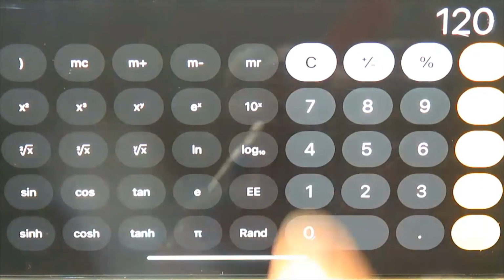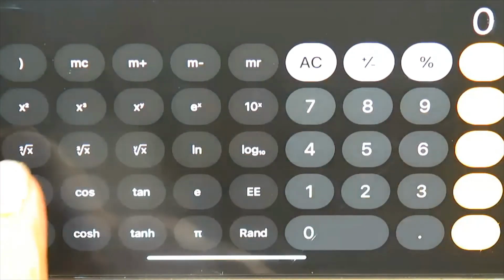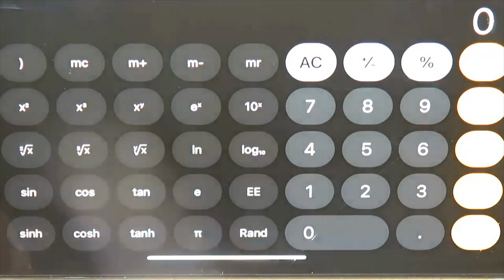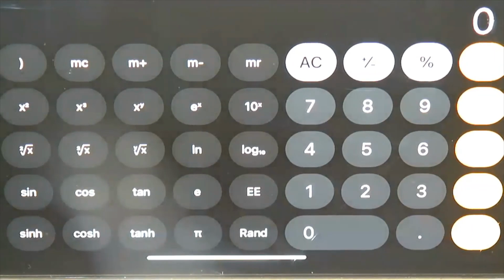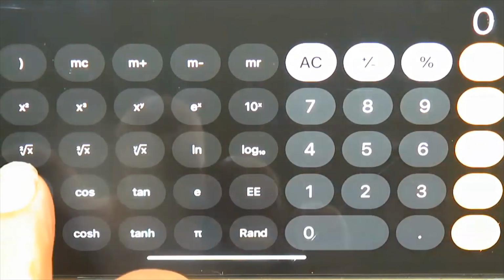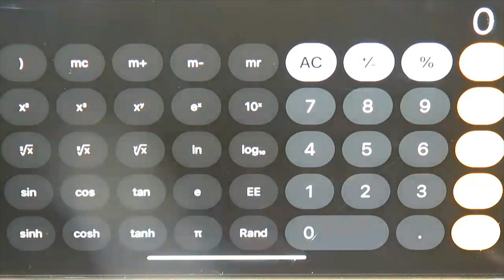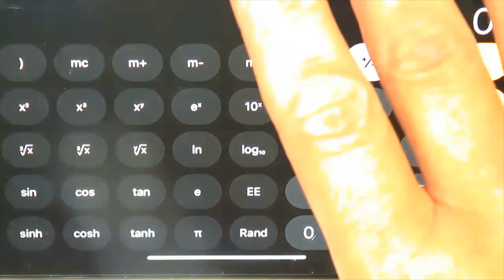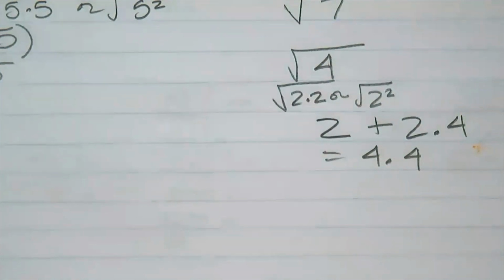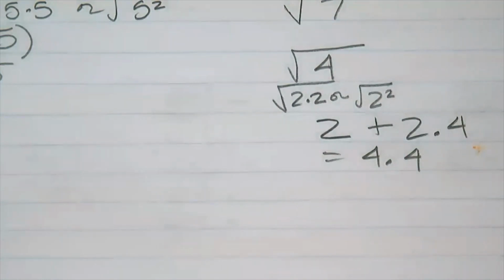For other calculators, you hit the square root sign first, then you type in the number. So you're just going to have to experiment with whichever calculator it is that you're using. Do you type in the number first, then hit the square root sign? Or do you hit square root sign, then type in the number? It depends on the calculator you're using, okay?